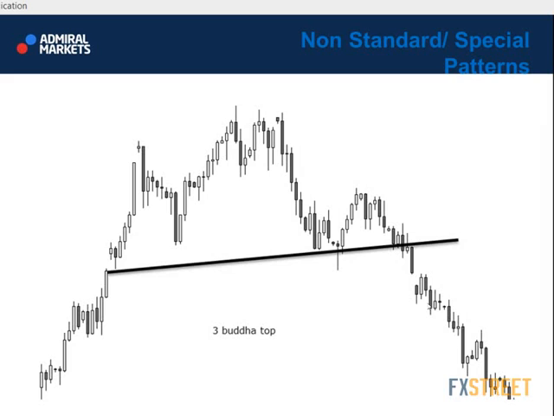3 Buddha top. Definitely it looks like head and shoulders, but there is some difference between it and head and shoulders. First, you can see a big volume which was put into this long head, long shoulder, because you can see that this is a momentum candle, and definitely you can see the gap.